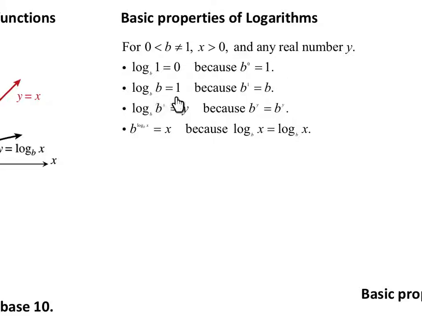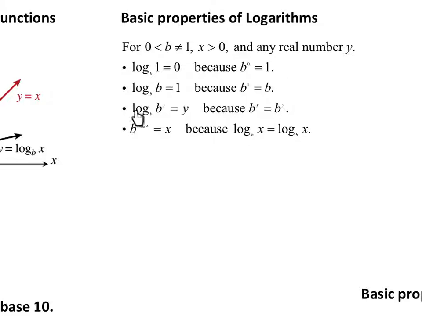Log base b of b equals 1. So if the base matches the number, it's 1, because you get b to the first equals b. Log base b of b to the y equals y, because b to the y equals b to the y.